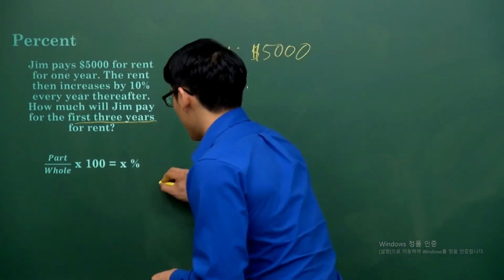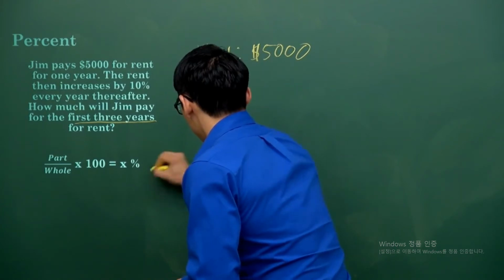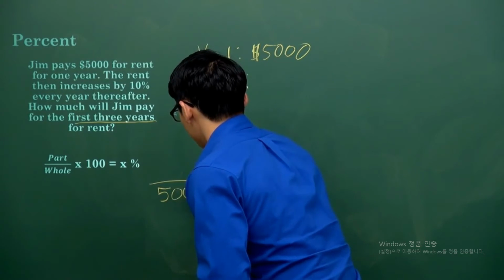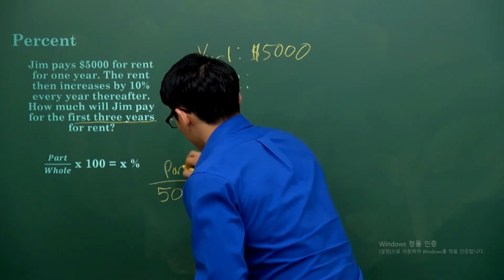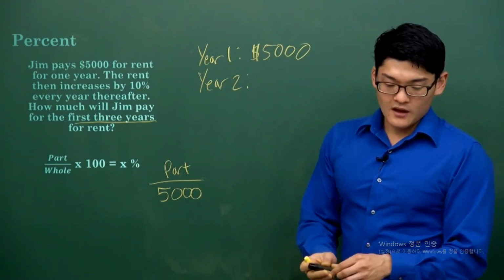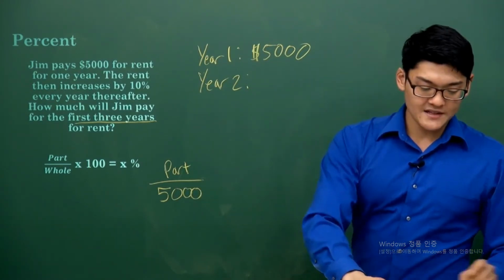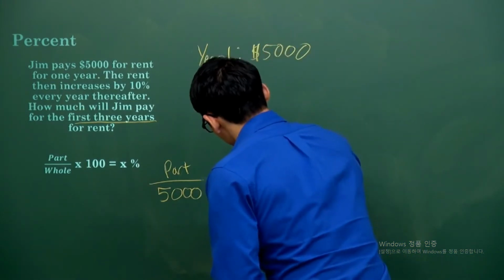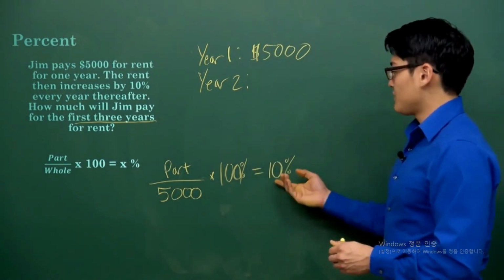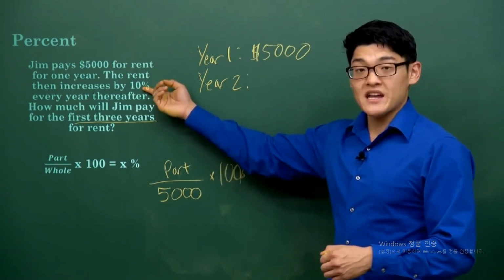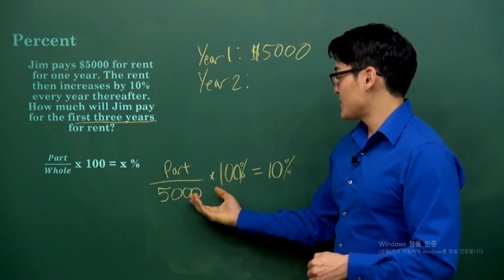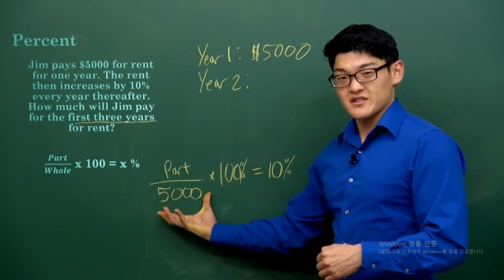We know right now that the whole is 5,000. Then times 100% equals 10%. So we know it's going to increase by 10%. We're trying to find what 10% is of 5,000 essentially.